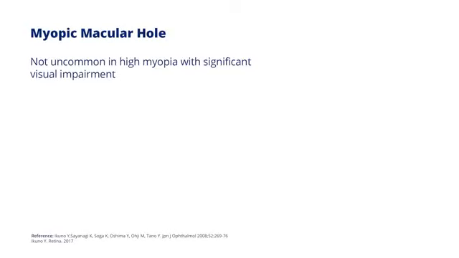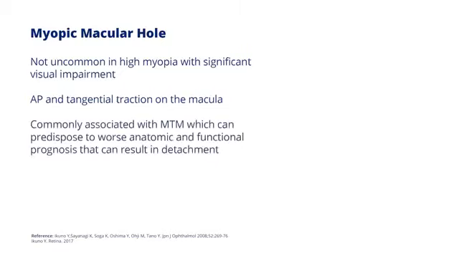Myopic macular holes are not uncommon in high myopia, and it is a significant cause of visual loss. It is a result again of anteroposterior as well as tangential tractional forces on the macula, and is usually associated with an underlying progression of myopic traction maculopathy.